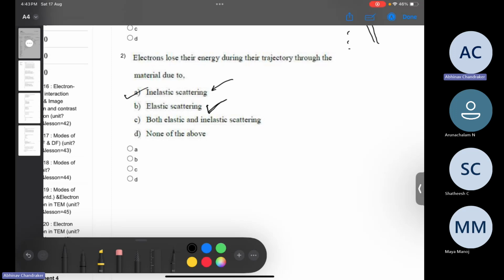Also, there can be some loss in energy of the electron beam due to interaction with the other electrons in the atom.